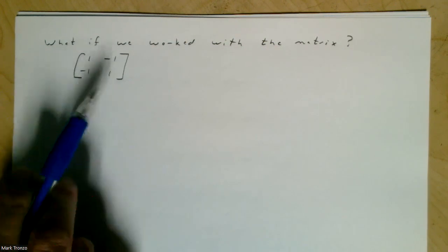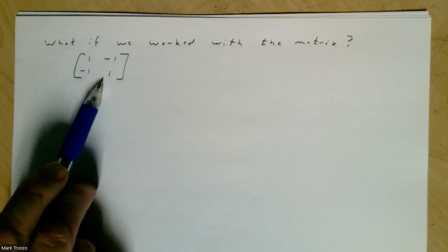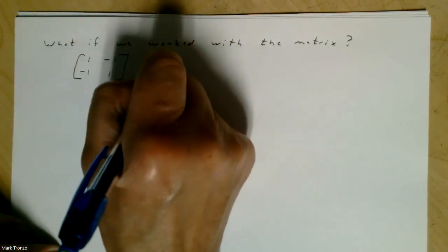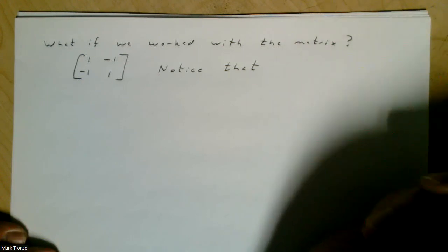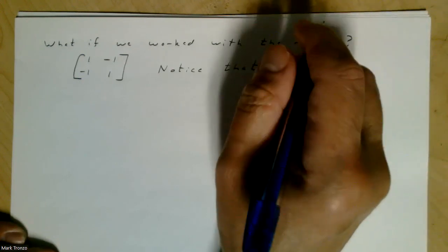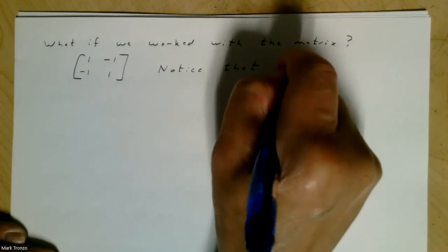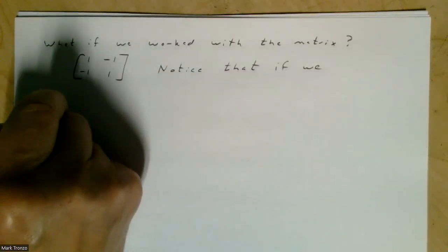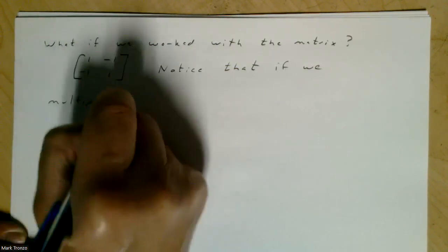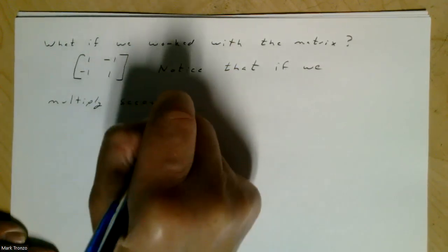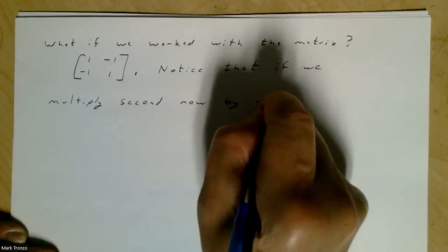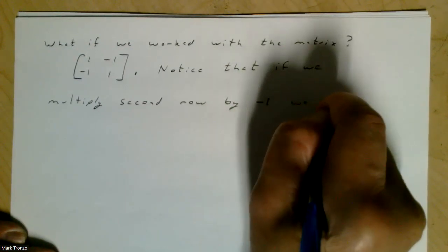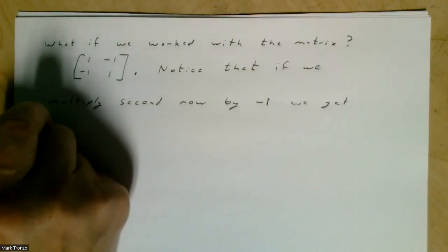And what's the number of linearly independent rows that we have? Notice, and you could do Gaussian reduction if you wanted to, that if we multiply the second row by -1, we get the first row.